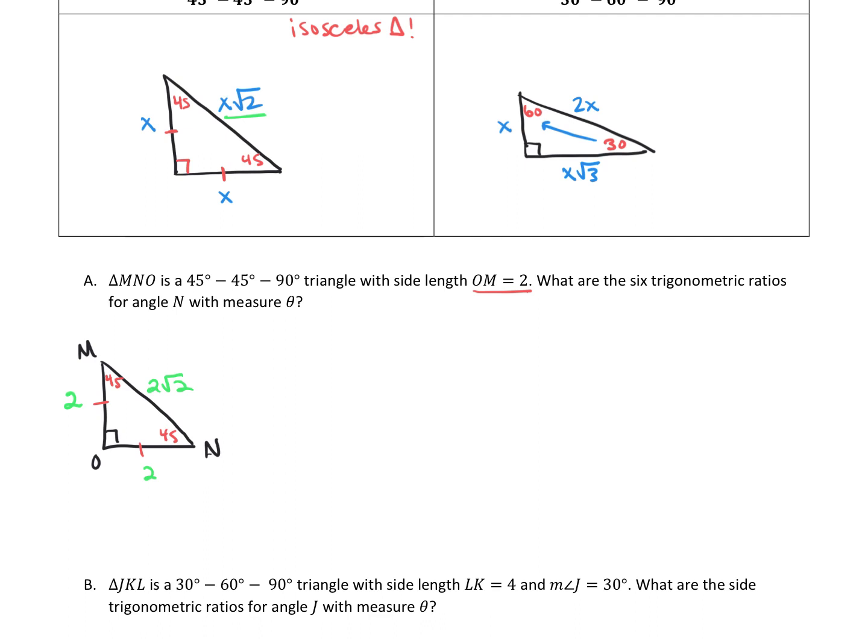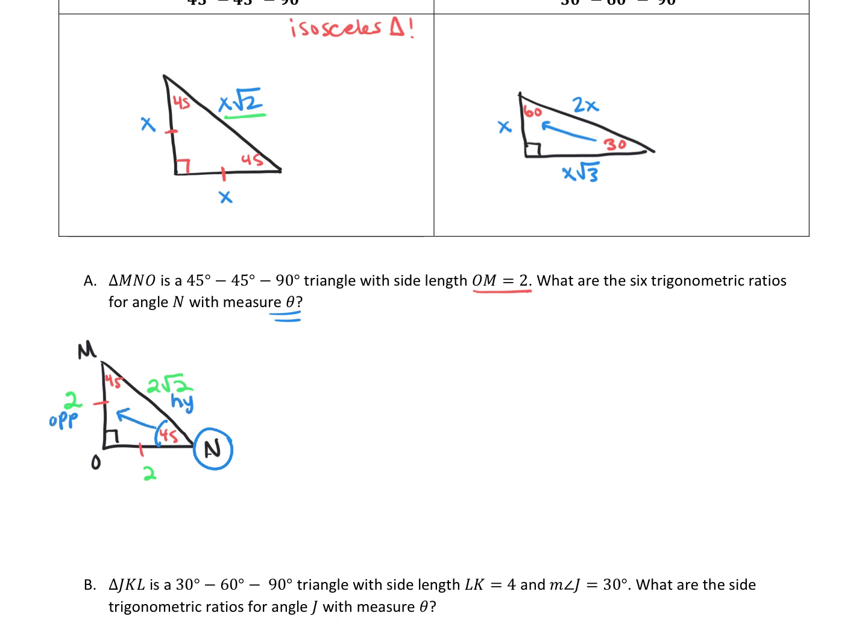Now we are asked to find the 6 trig ratios for angle N. So let's focus on angle N right here with measure theta. They're just telling us to use theta when we write out our trig functions. Because we're going to go in terms of N, we'll label our triangle for N. Across from N is the opposite side, so here's the opposite.